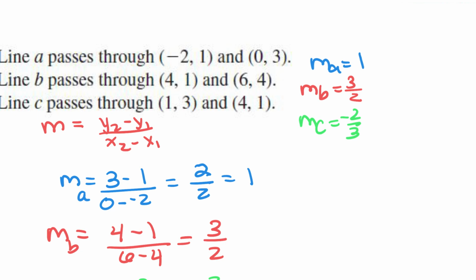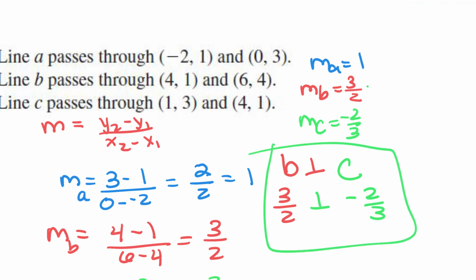Well, line A doesn't have anything in common with line B or C, but line B is perpendicular to line C because 3 over 2 is the opposite reciprocal of negative 2 over 3. So that's the relationship that exists.